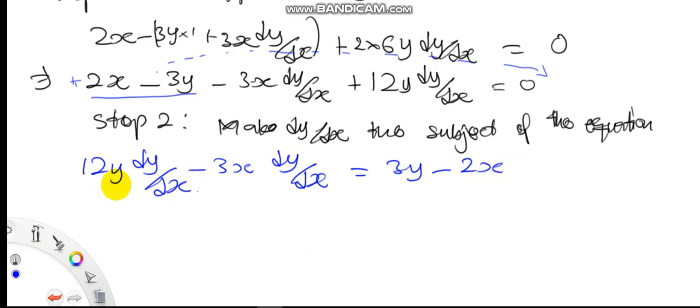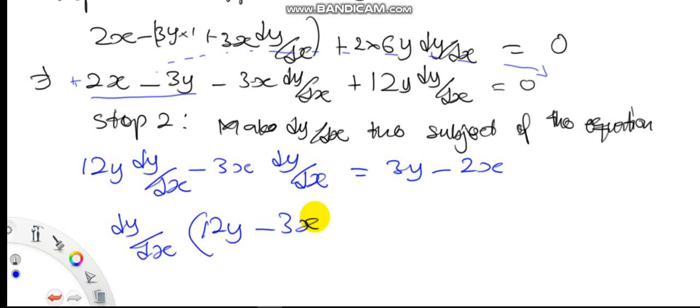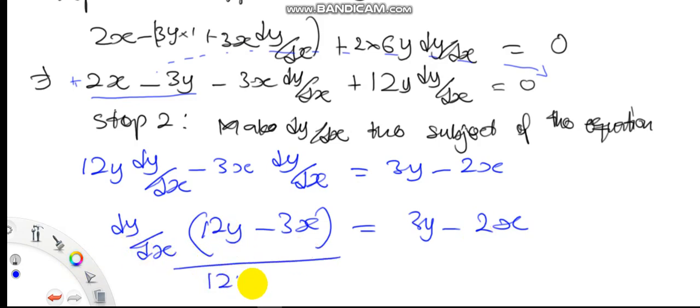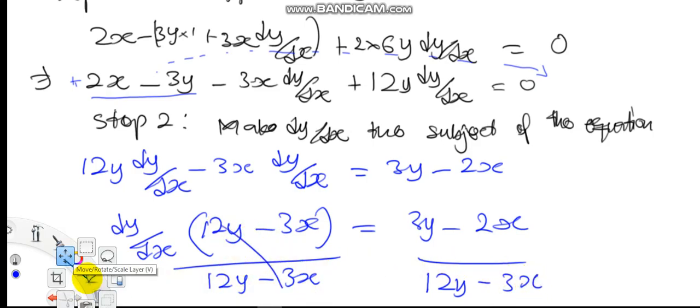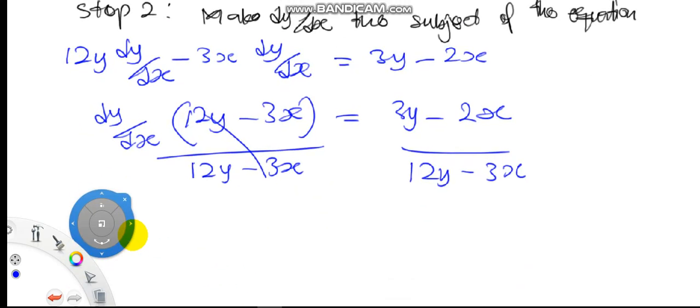Now we can factorize dy dx out. So dy dx, and then we are left inside with 12y minus 3x, is equal to 3y minus 2x. Right, now we can divide both sides by 12y minus 3x, so this cancels out.